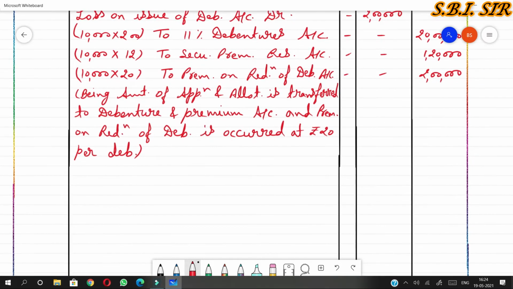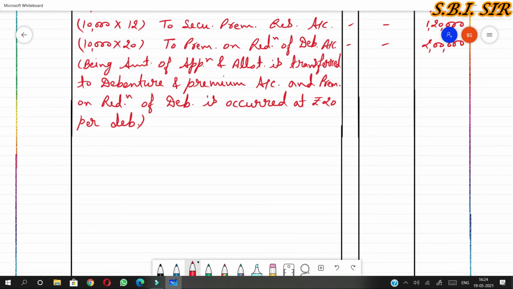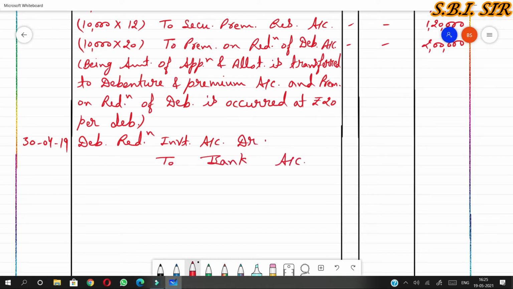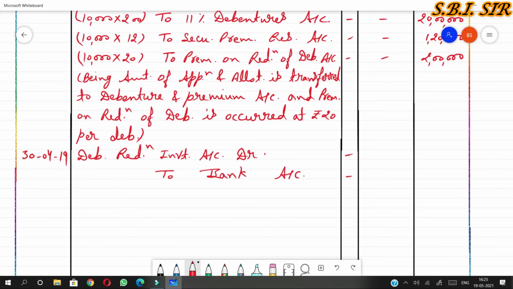Then in the next entry we will invest the amount in debenture redemption investment account, as on 30th April 2019. Debenture redemption investment account debit to bank account, and this amount is 15% of face value, and face value is 20 lakh. 20 lakhs 15% is 3 lakh.